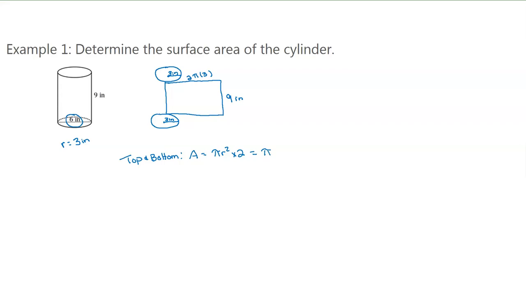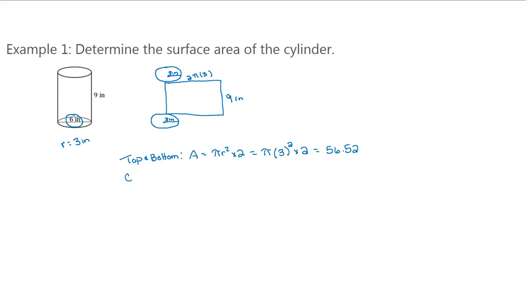So I'll leave pi as pi. You should have a pi button on your calculator, or you could use 3.14 as an estimate. Now the radius is 3, and we have to square that. So you should find your exponent button on your calculator, and then times that by 2. So now putting all that into your calculator, I get a value of 56.52.